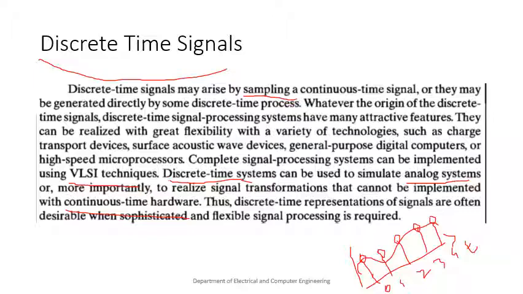Thus, discrete time representation of signals is often desirable when sophisticated and flexible signal processing is required. So we prefer discrete time systems over analog systems because building continuous time hardware is difficult. Moreover, the space required by a continuous time signal is relatively high compared to discrete time.